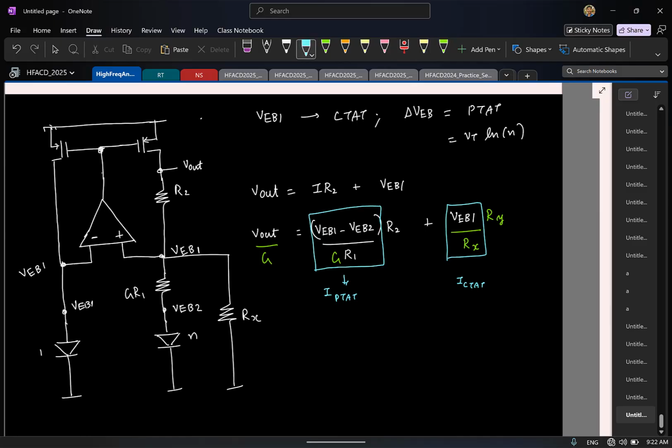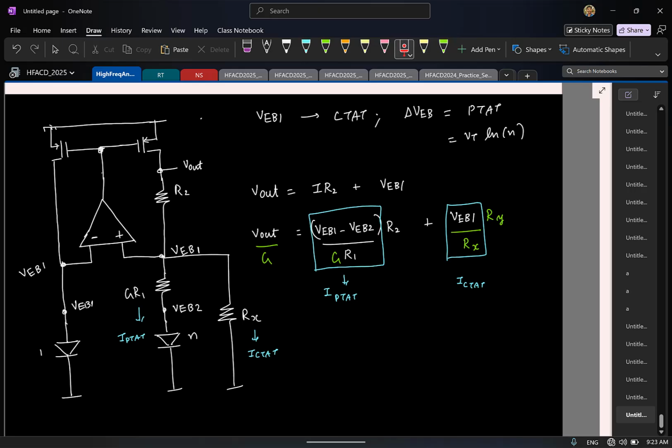So now I have the PTAT current flowing on the left side branch. I have the CTAT current flowing in the right side branch, or I mean the left, okay, yeah, these two branches. Now it seems like to get my scaled output, I should pass this current through a resistor R2 and pass this current through another resistor Ry and add the two voltages.